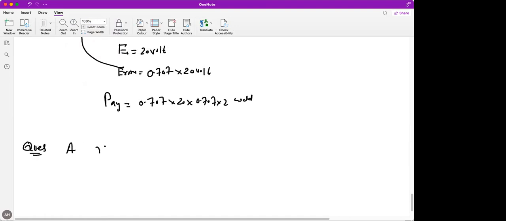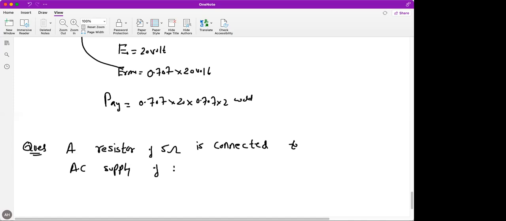A resistor of 5 ohm is connected to AC supply of 100 volt and 50 hertz.